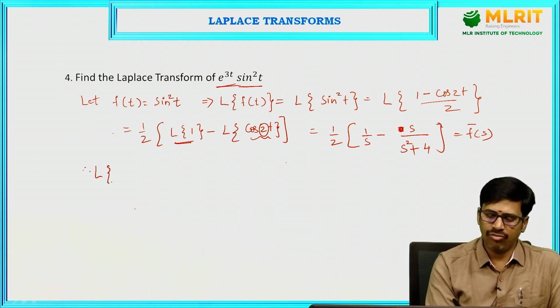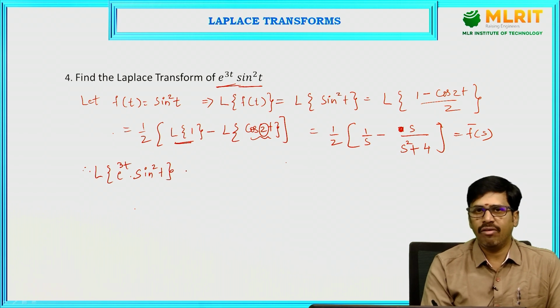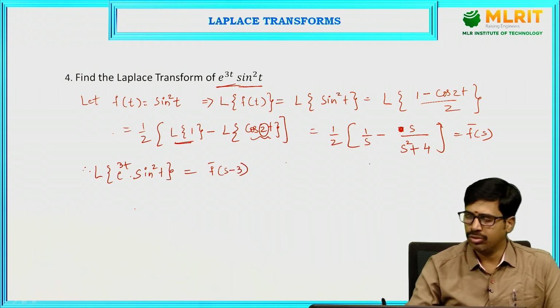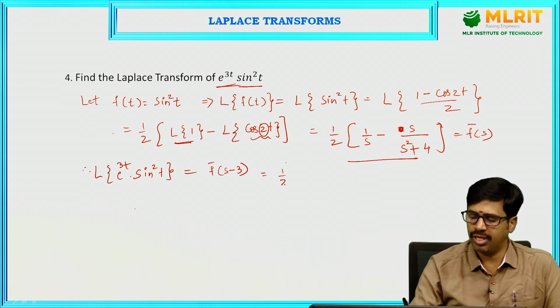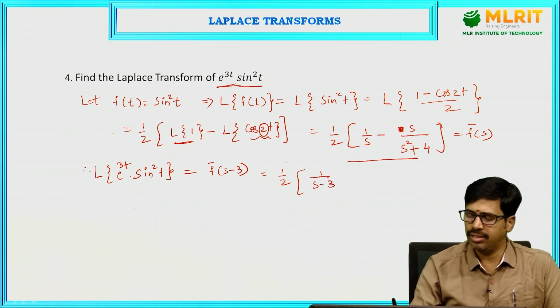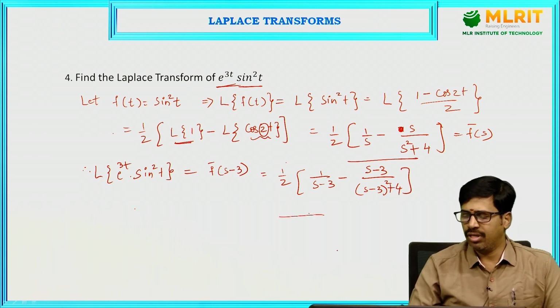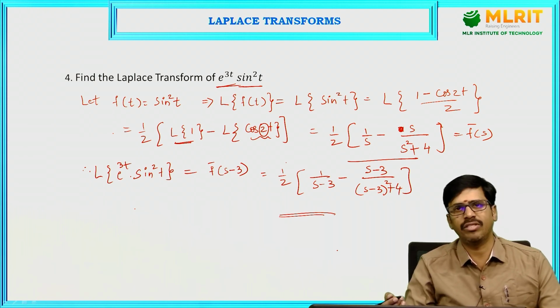Therefore, the Laplace transform of e power 3t multiplied with sin square t, by the first shifting theorem, is equal to f bar of s minus a, where a means 3. So, in the function f bar of s replace s with s minus 3. This can be written as 1 upon s minus 3 minus s minus 3 by s minus 3 whole square plus 4. And further, if you want, take out the LCM and simplify this. These are all about the first shifting theorem.